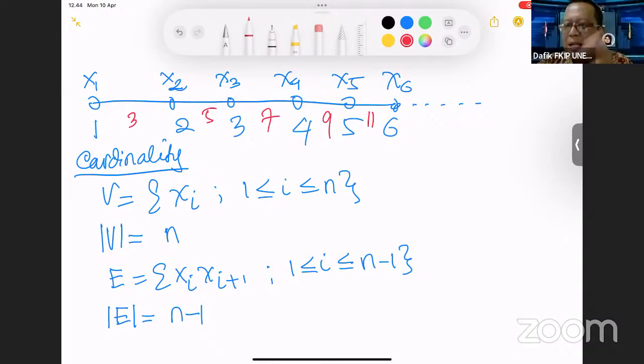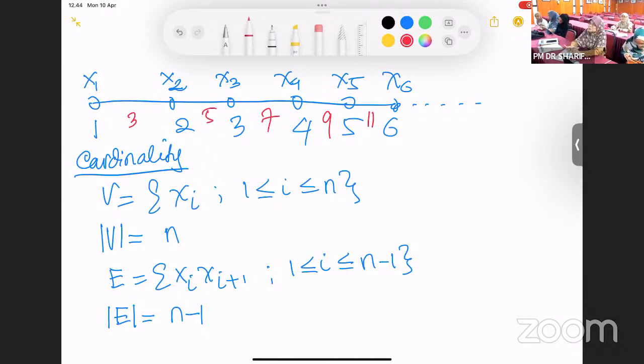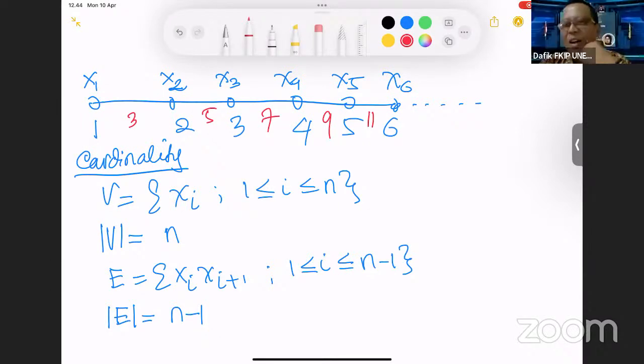Sharifa, a student sitting next to you, is he a postgraduate or undergraduate student? Master student. Oh, very good. All of them master students. No, just Aisha. And online we have Ayu, a PhD student. Very good.